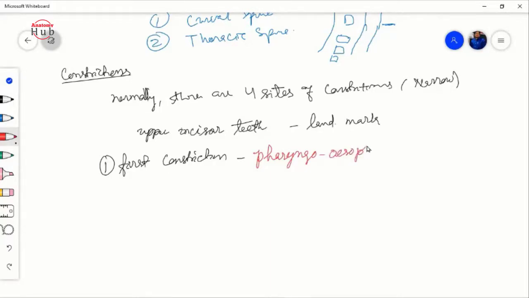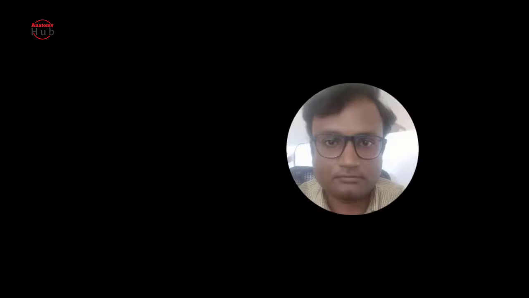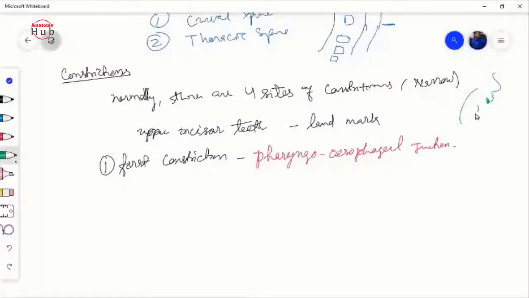Suppose here is your incisor teeth and here is your pharynx, and from here your esophagus starts, right?